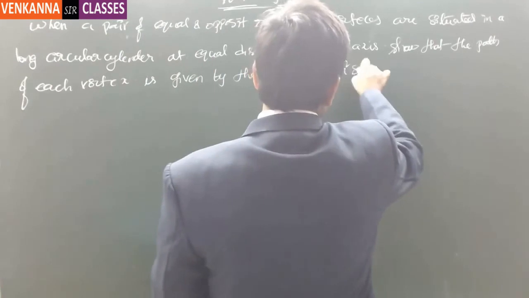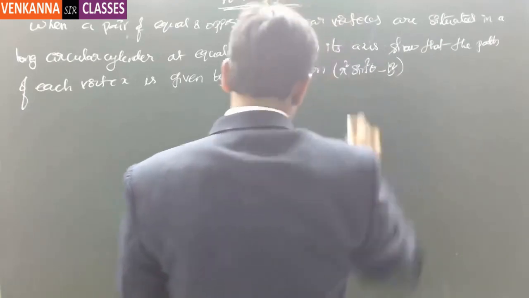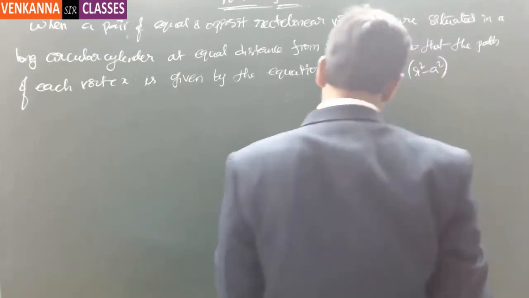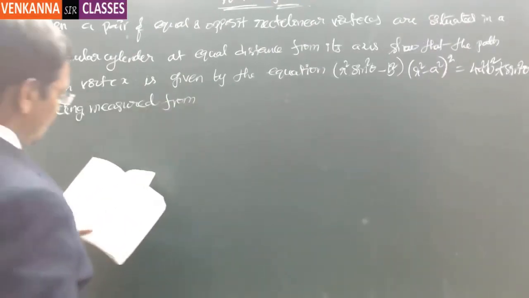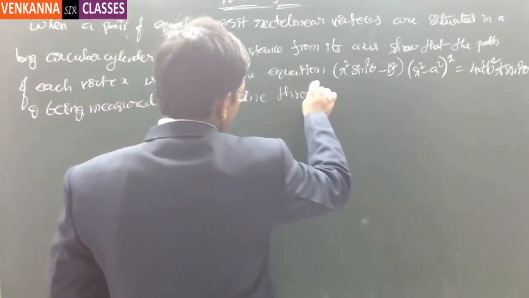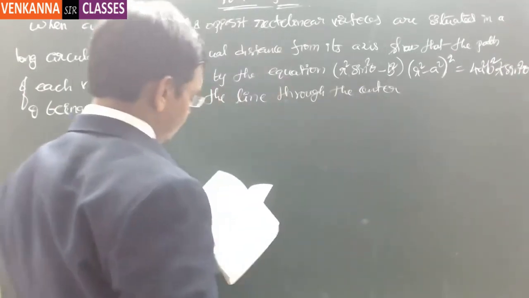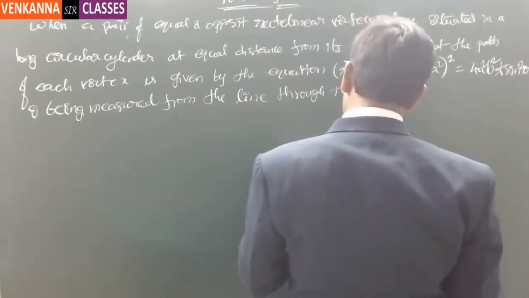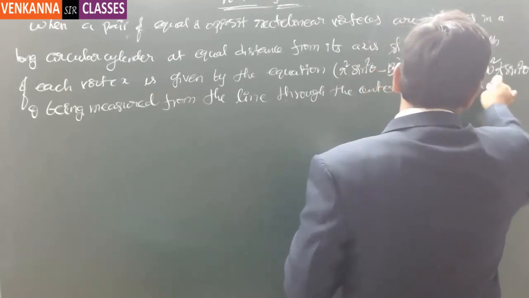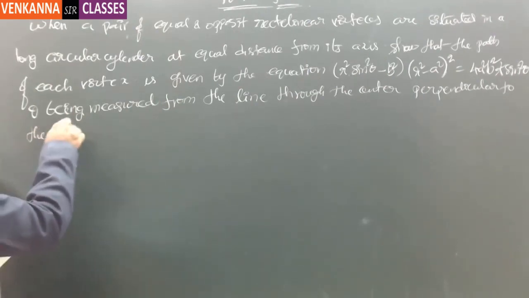r square sin square theta minus b square into r square minus a square, theta being measured from the line through the center perpendicular to the join of the vertices.